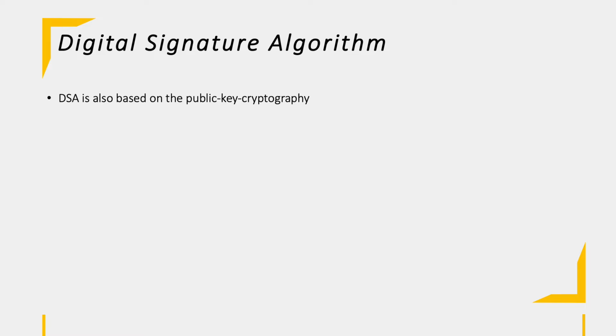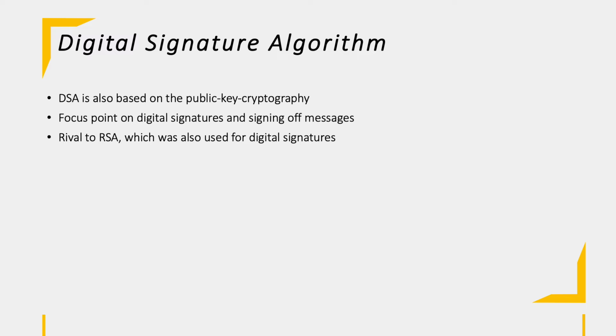DSA is also based on the public key cryptography system, just like Diffie-Hellman and RSA. So it's based on a pair of keys, a public and a private key. DSA focuses on digital signatures and signing off messages in general, and it is the key rival to RSA, which is also good for use for digital signatures.